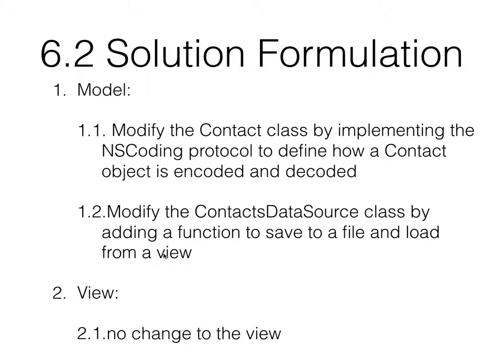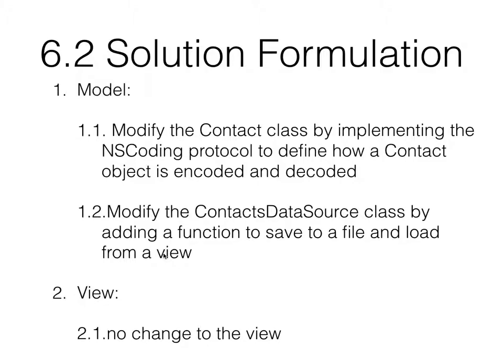In the solution formulation, we will notice that in order to save the array to a file, you need to notify the function that saves of how to save those custom classes, because an array is a library class, and because it's a library class, it's already defined how an array can be saved to a file.